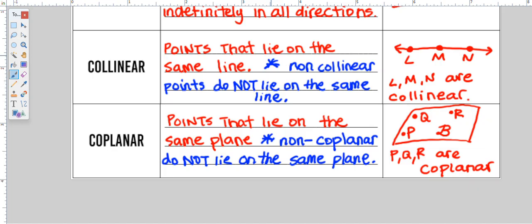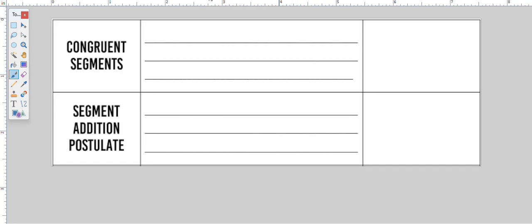Now, we're going to move on away from planes for a second. We're going to talk about congruent segments. Congruent segments occur if two segments have the same length, all right? Remember, to be congruent means that it's the same size, same shape, same angle, okay? Sometimes we don't have angles. Sometimes we don't necessarily have a shape, but then we look at the size, right?